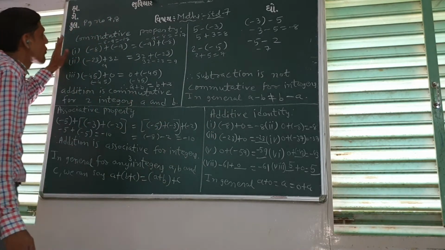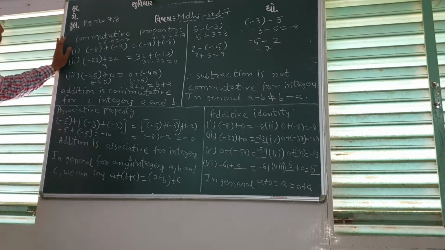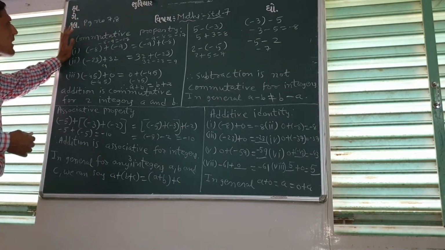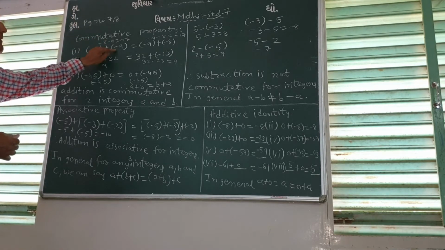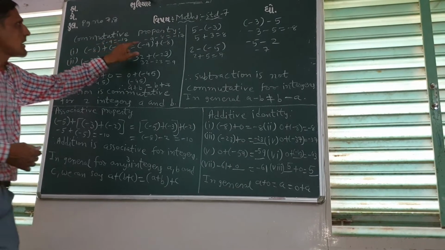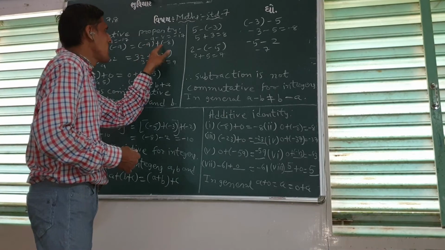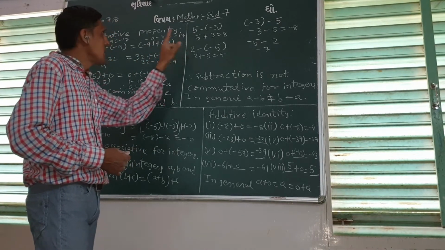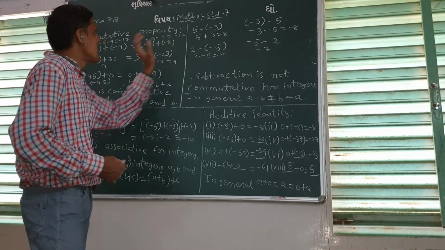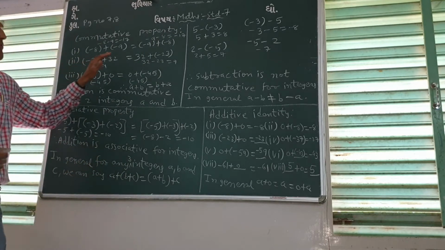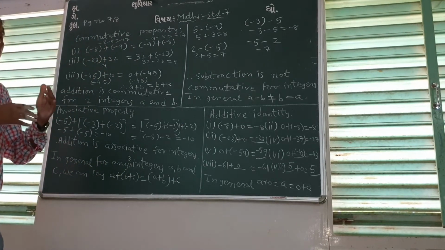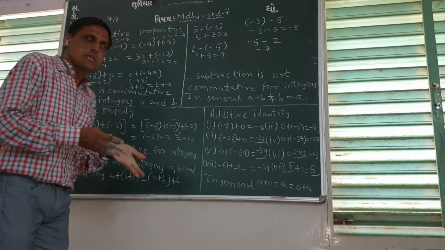Again I am explaining commutative property. This is on page number 7 and 8. -8 plus -9 is -17, and here -9 plus -8 is -17, right? So these are the same. So it is called what? Commutative property. Add any two numbers in any order, the answer stays the same.